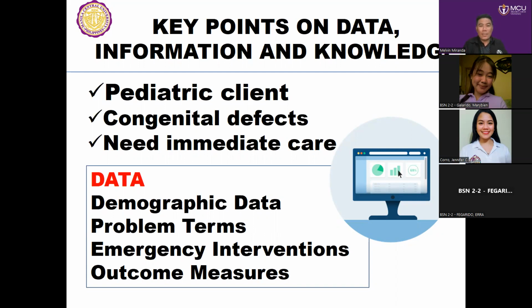And even though in the data, emergency intervention need immediate care. So hindi pa rin tayo satisfied in the perspective na yung need immediate care, di ba? Kasi emergency interventions need immediate care. Ano yung immediate care dun sa problem na may congenital defects? So now you are learning on how you will classify accordingly yung information and data.